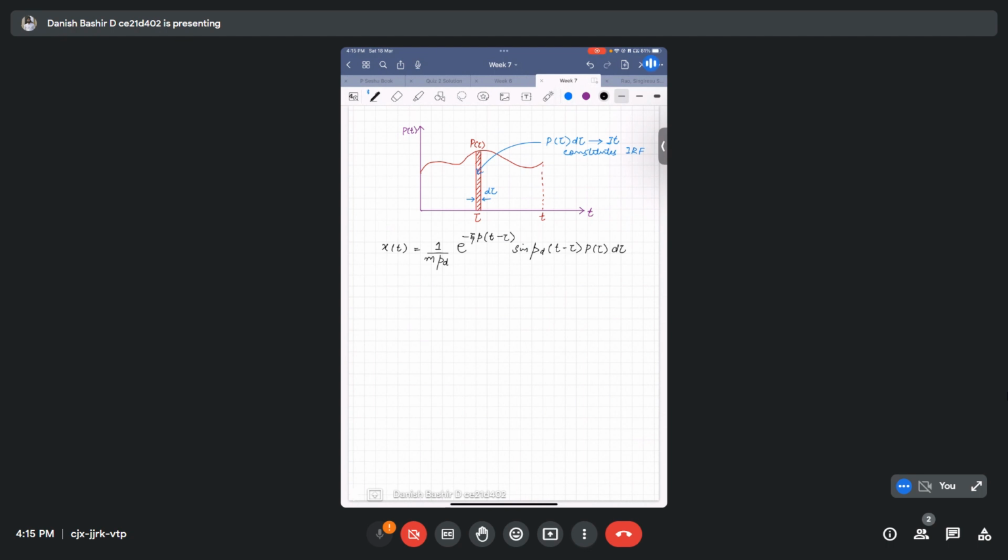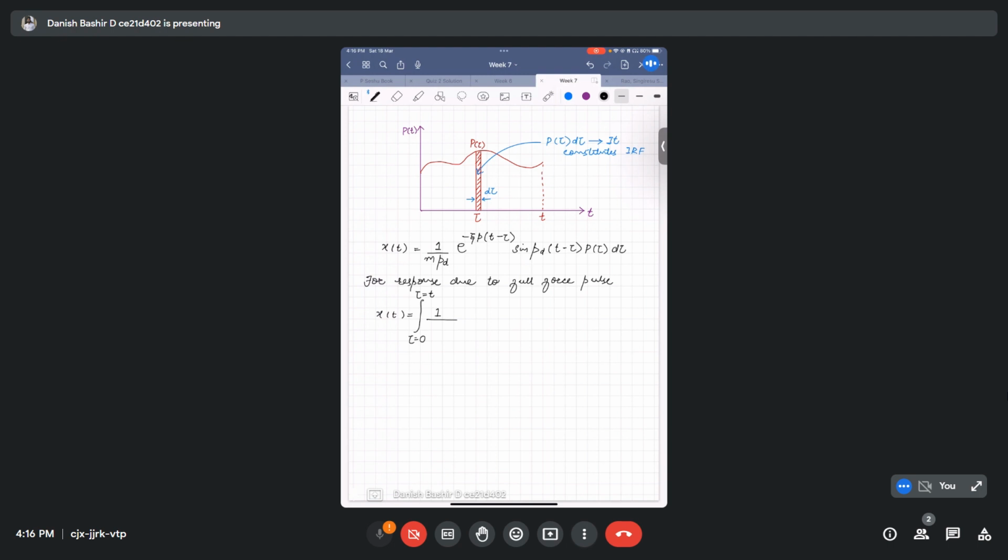So if we have to find the response because of this entire pulse function, for a response due to the full force pulse, we will integrate this term x of t, with tau running from 0 up to time t, up to which this force pulse is acting.